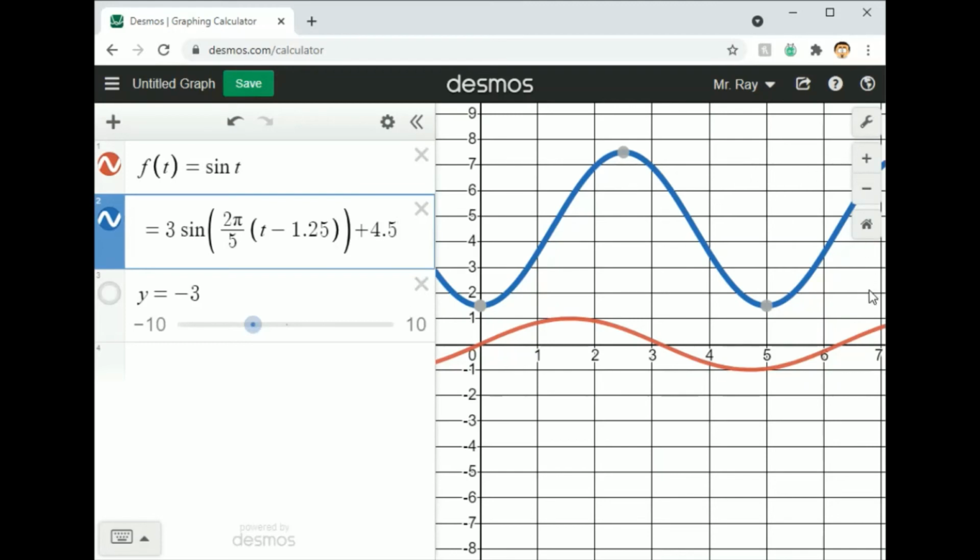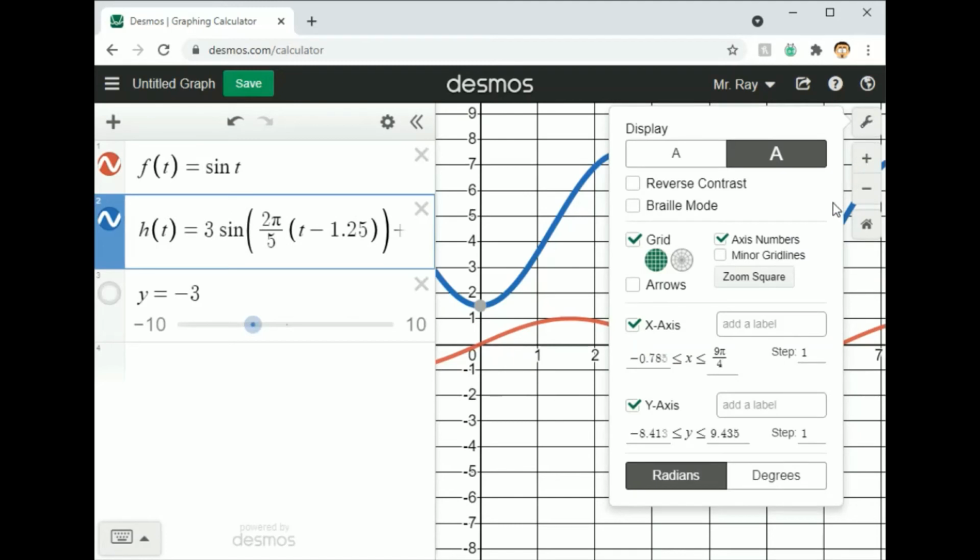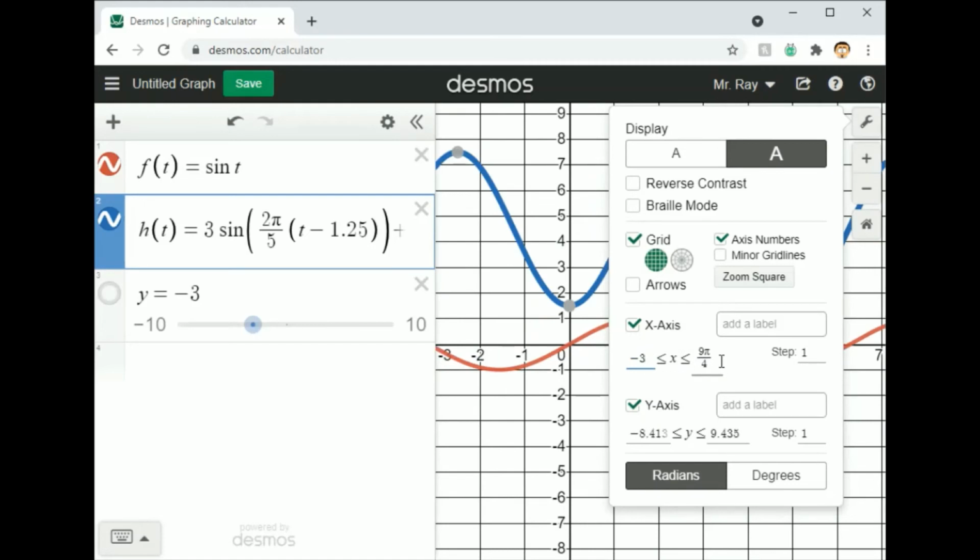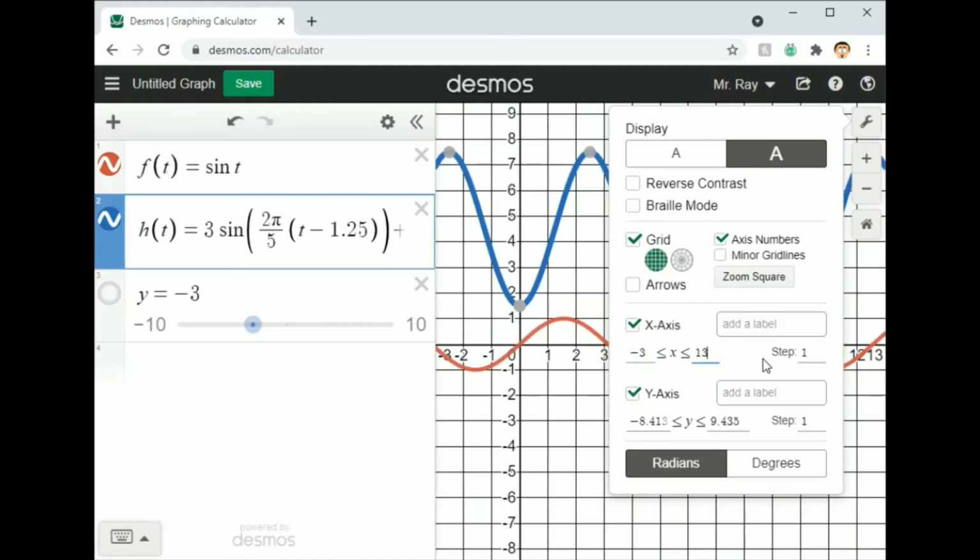And just so that I can make this look a little bit more like the one we just did on paper, I'm going to just change these axes a little bit. I won't worry about the up and down, but I'm going to have this one go from -3 to, our graph goes up to a little over 12.